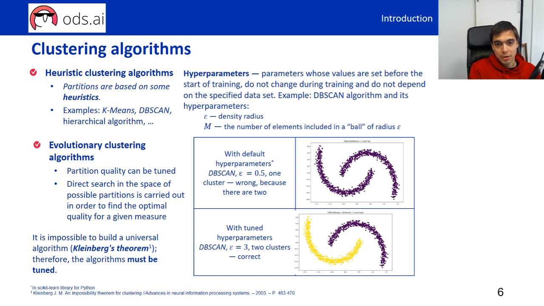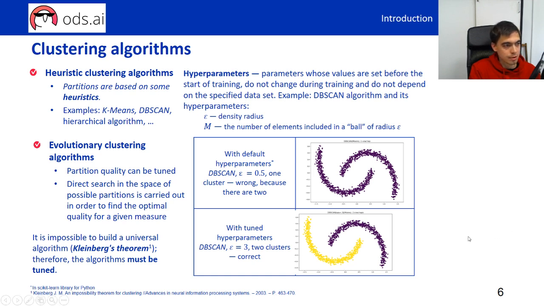An important property of machine learning algorithms in the context of their tuning is the hyperparameter. In general, hyperparameters are parameters whose values are set before the start of training, do not change during the training, and do not depend on a given data set. So the slide shows an example demonstrating the importance of setting hyperparameters for a clustering task.